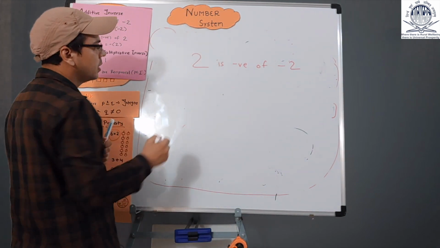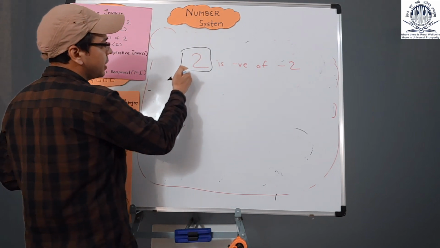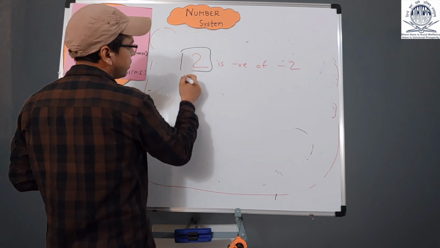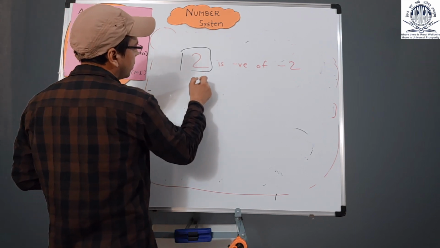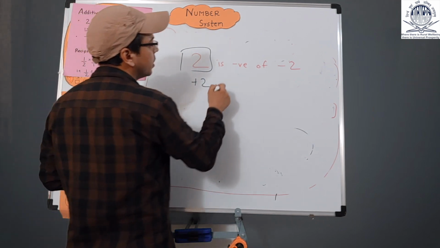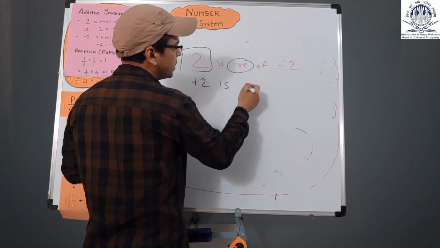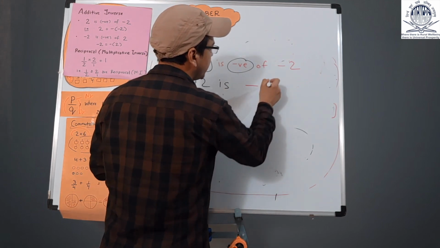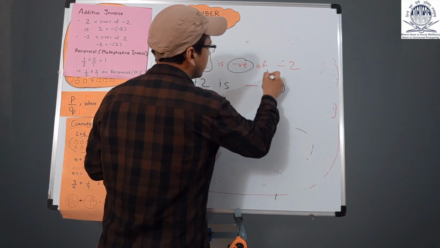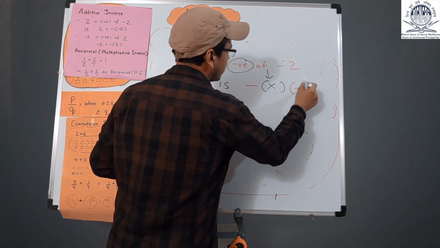It means that currently it's not negative, it's actually positive, so we can say plus 2. Plus 2 is the negative of, so I'll put a negative sign like this, and 'of' means I'll multiply, of minus 2. So I'll put minus 2 over here.